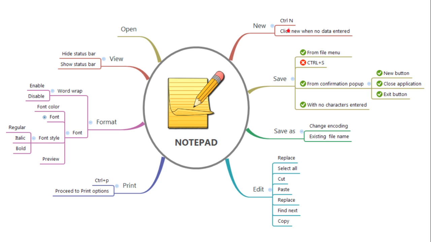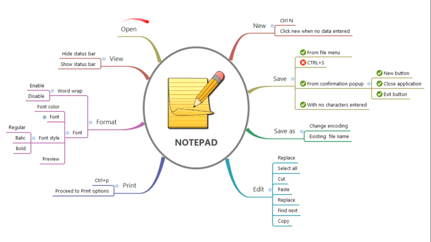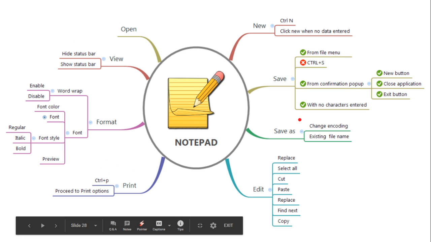Once you come up with ideas for all your features, you have a bird's eye view of your test coverage. You can clearly see which features have test ideas, which features do not have test ideas. Right? A feature like open does not have any test idea. You can see which test cases are executed, which test cases are not executed.